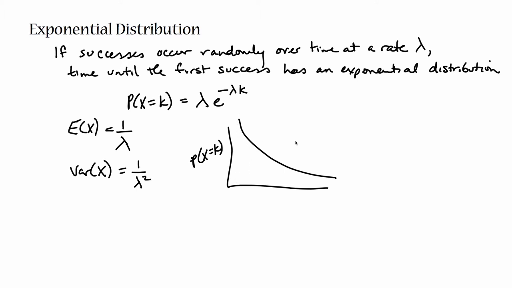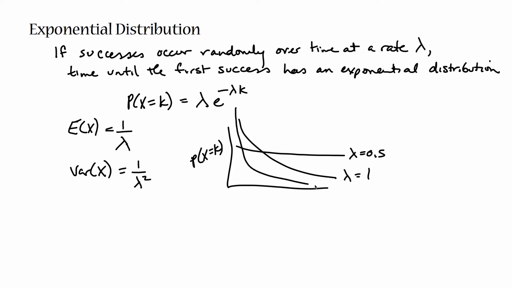And the steepness of this curve, so let's say this one is for an event that happens at a rate of 1 per time step. For something that happens less frequently, say lambda's smaller, it's going to have a less steep drop-off, because if at each time it's unlikely to happen, the first one could still happen quite far out in time.